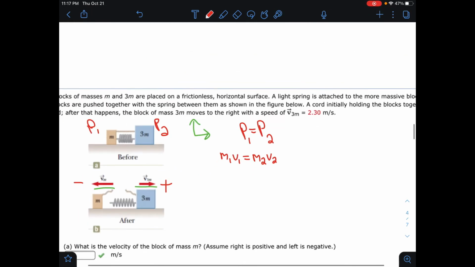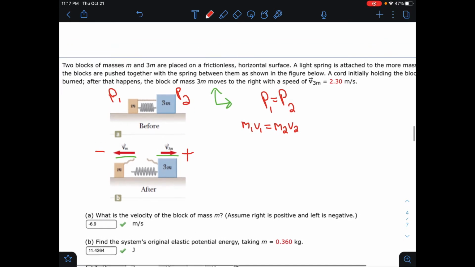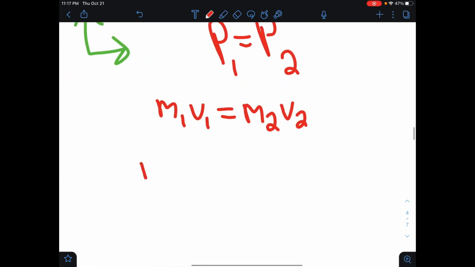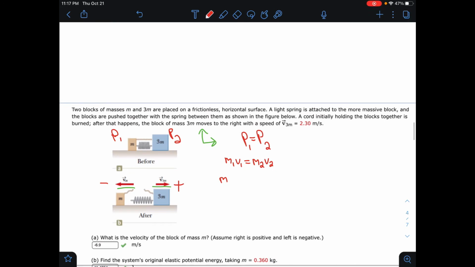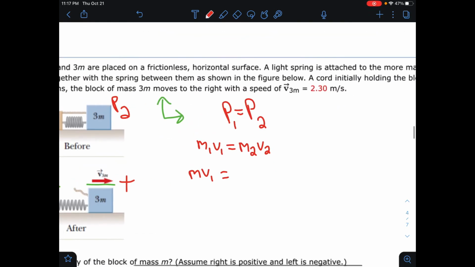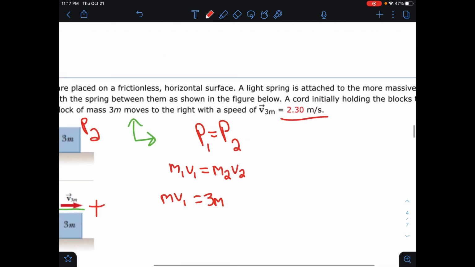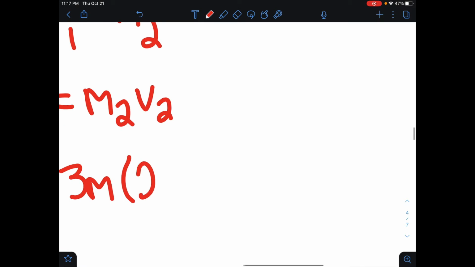Now we have to plug in what we have. Mass 1 on this side is just m, and v1 is unknown. On this side the mass is 3m, and its velocity is given right here as 2.3 meters per second.